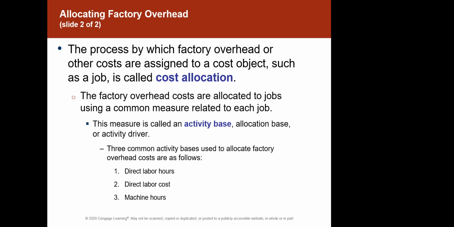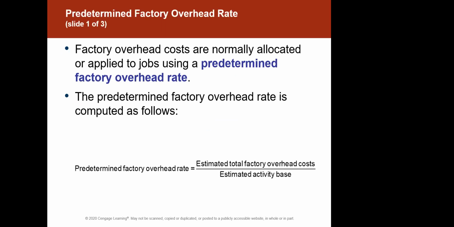That's all it means. We're just making some way of allocating these costs that we don't have any direct way of measuring, to spread them across the organization. And so, like I said, the most common is direct labor hours. The more labor intensive a project is, the more of that overhead we're going to charge to it as a cost.